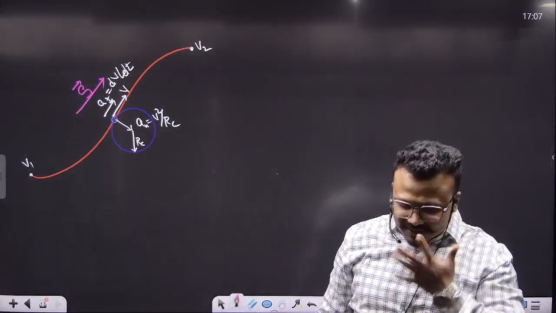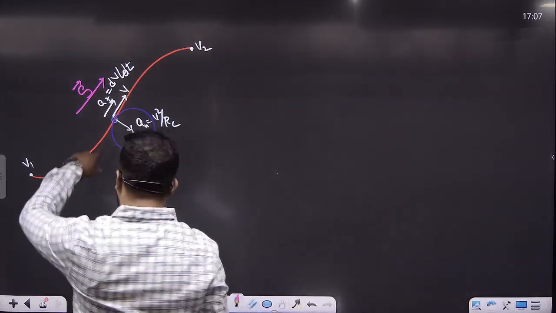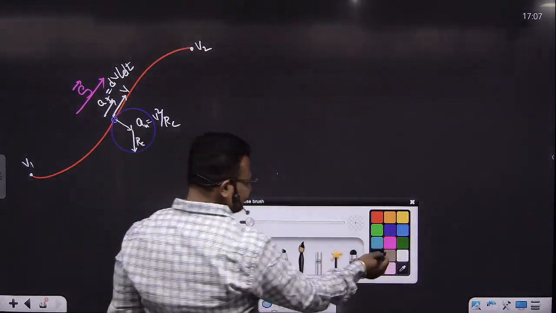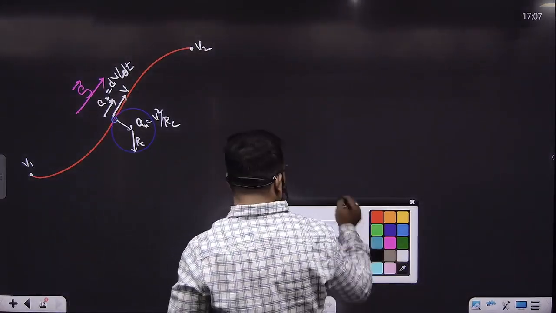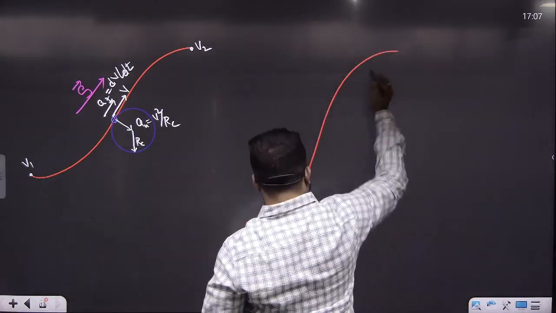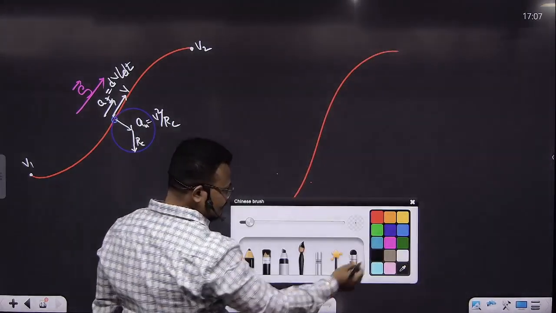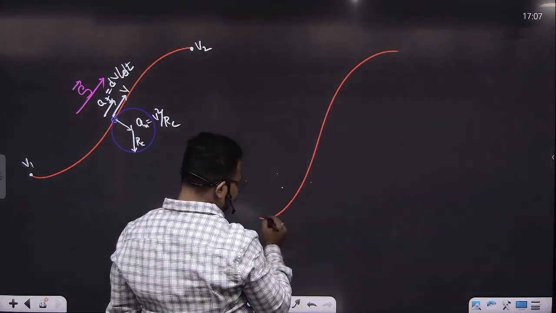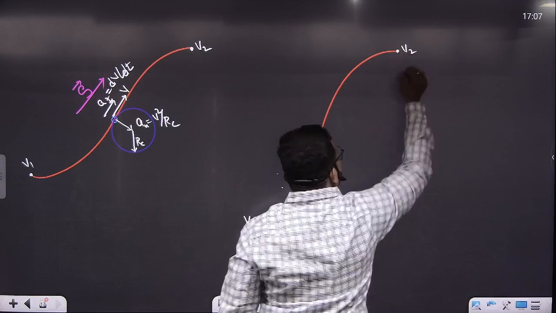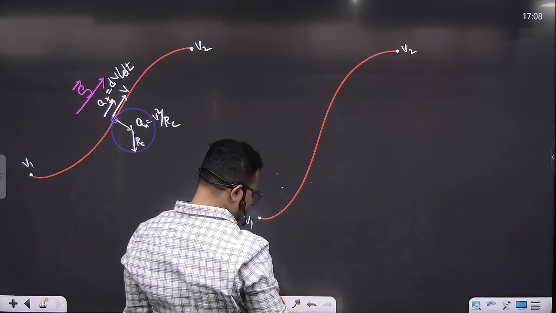We are talking only about this small particle, so I will draw it again here so that it is more clear. I am taking this point with v1 and this point with v2, and here the particle is there.